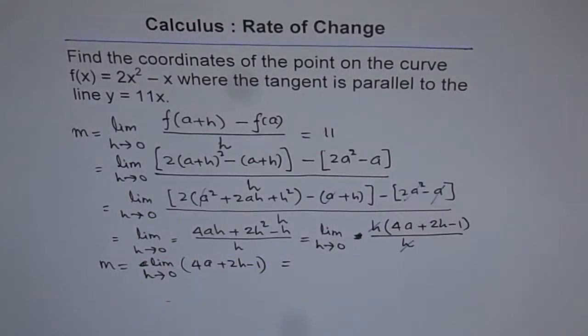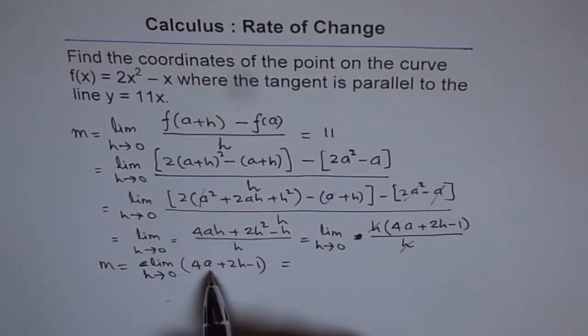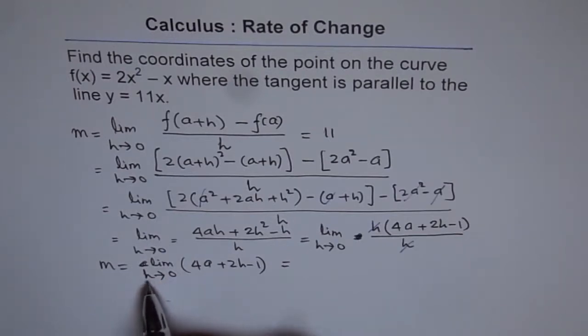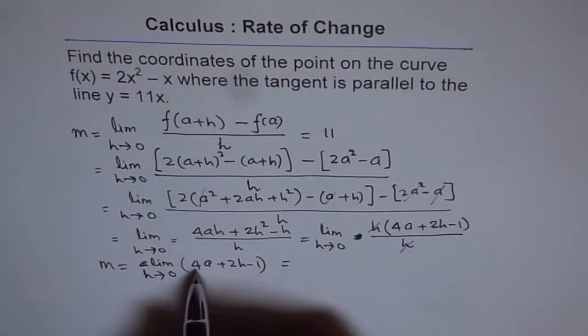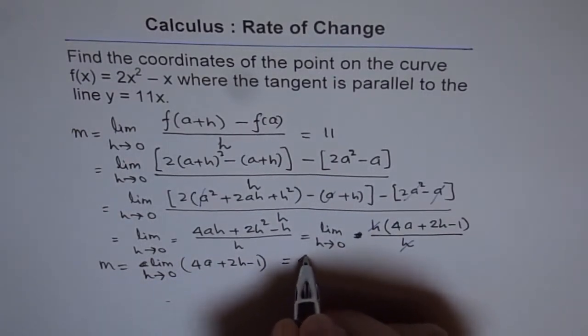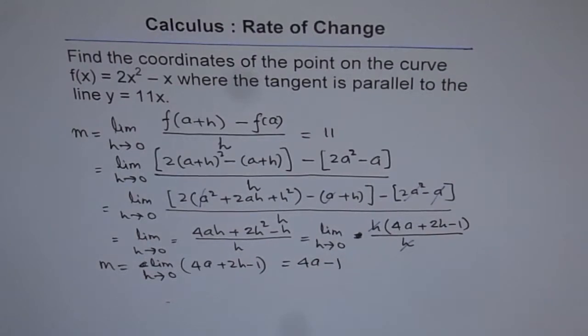Now to estimate the limit at any point a, we'll substitute h as 0. H approaches 0, and that is very, very close, and that is the slope of the tangent. So when you put h equals 0, we get 4a minus 1, correct? That is the slope at any point on the given function.